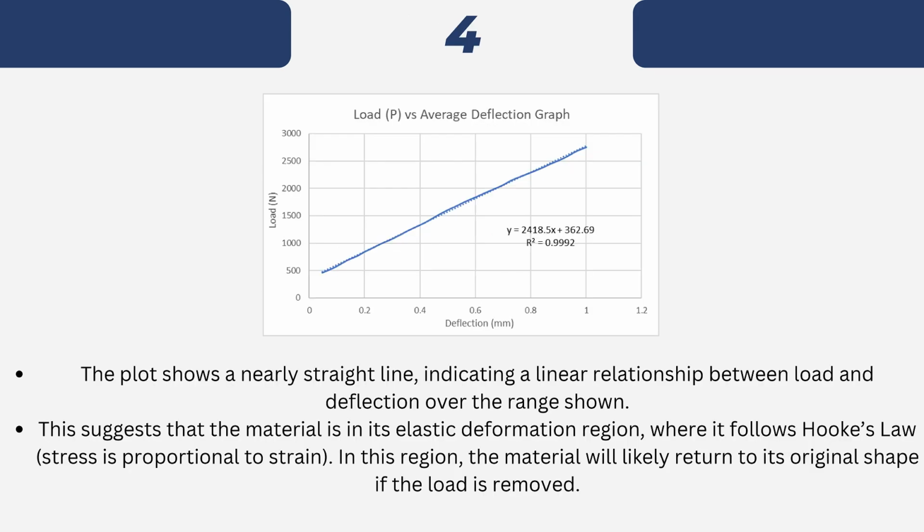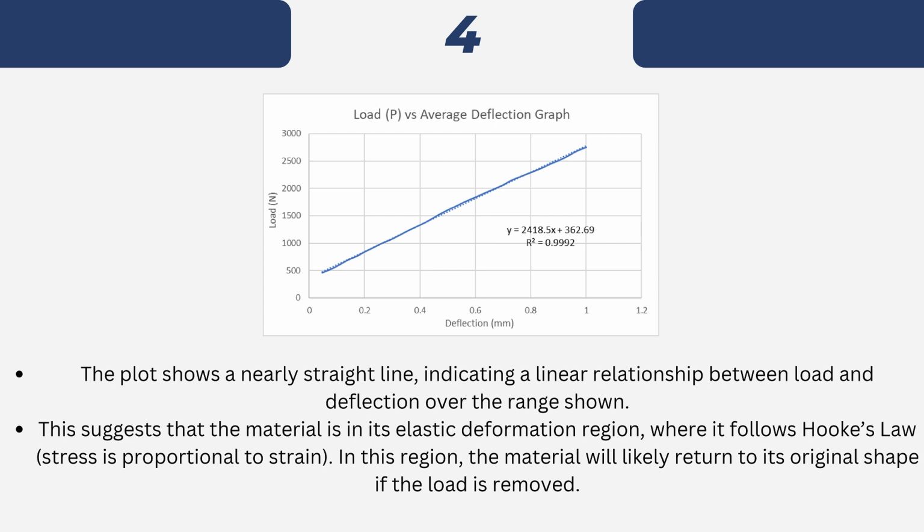So in the module for question 4, we are asked to plot the load versus deflection graph from the data obtained from the experiment. So we're plotting the average result, and based on that plot, we are asked to explain and describe the material behavior of the graph, whether it is in the elastic or plastic deformation region.